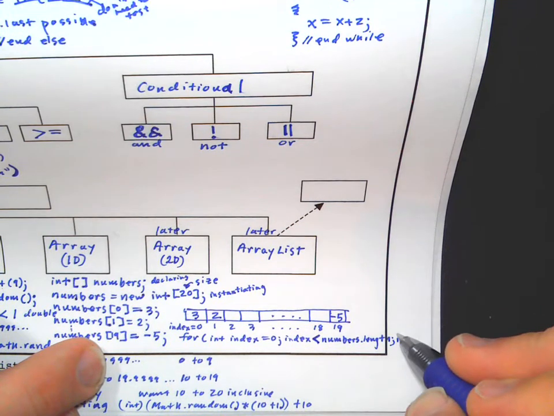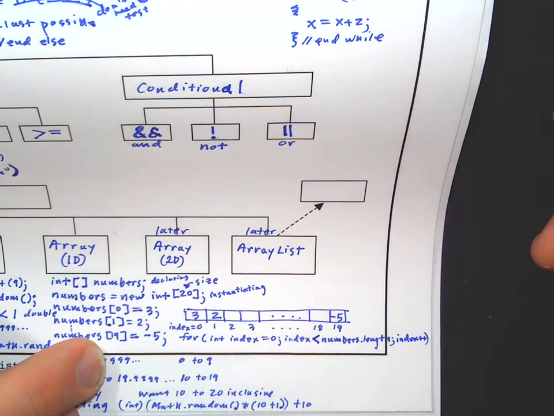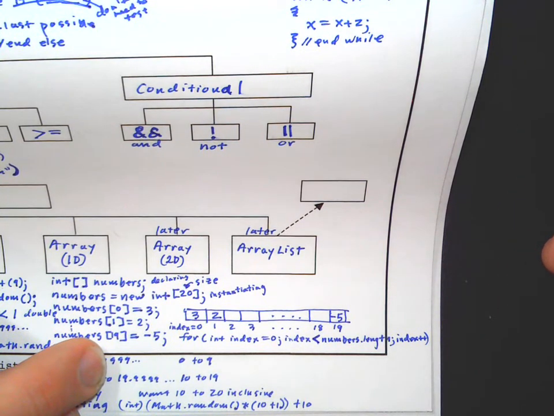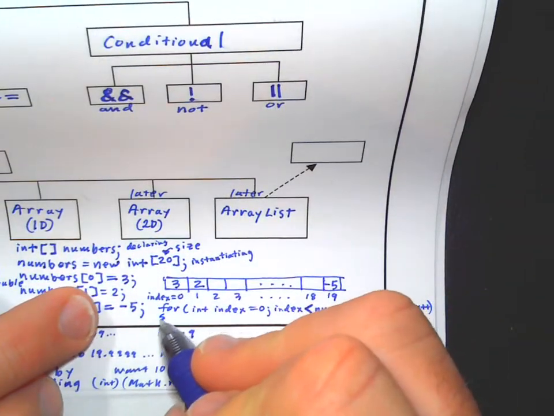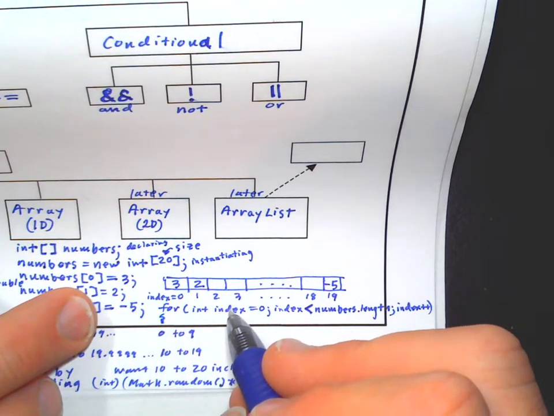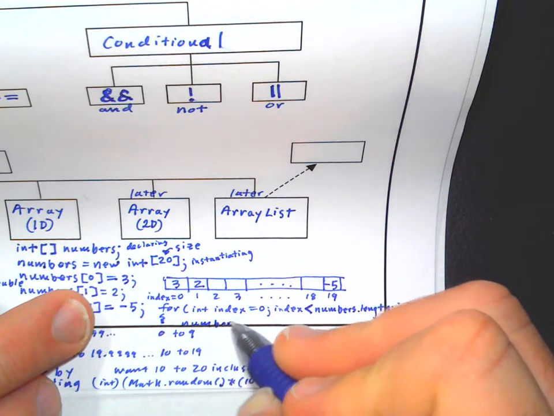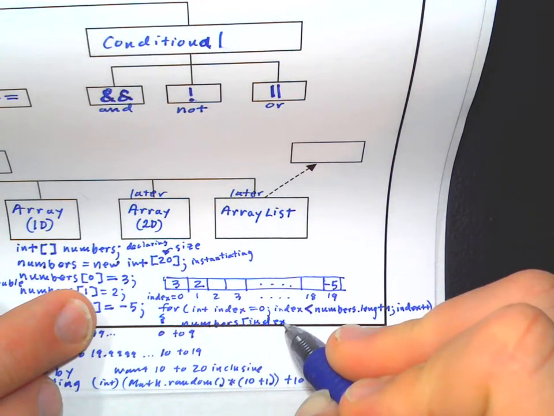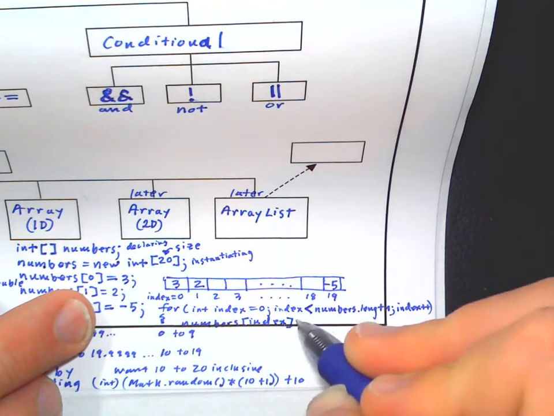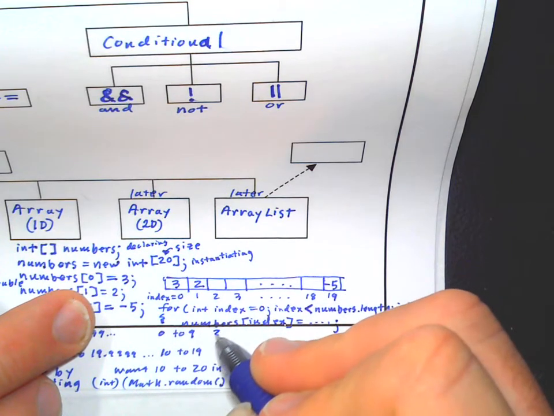And then you would have an incrementer. So then you would do something to each spot. You might say numbers index equals something, or you can print them all out, something like that.